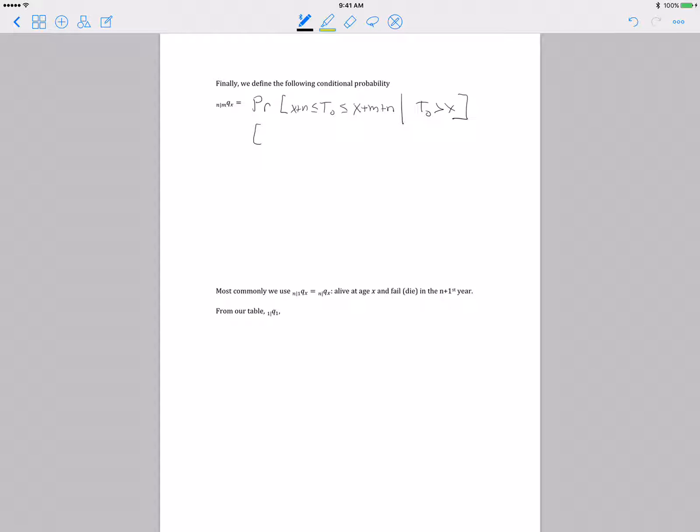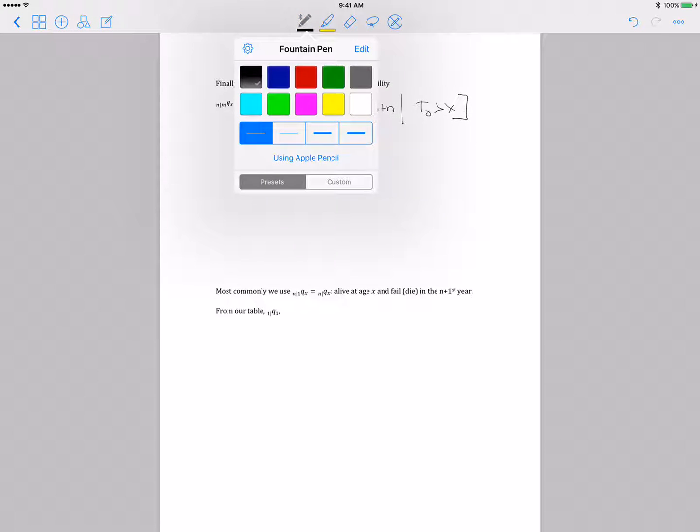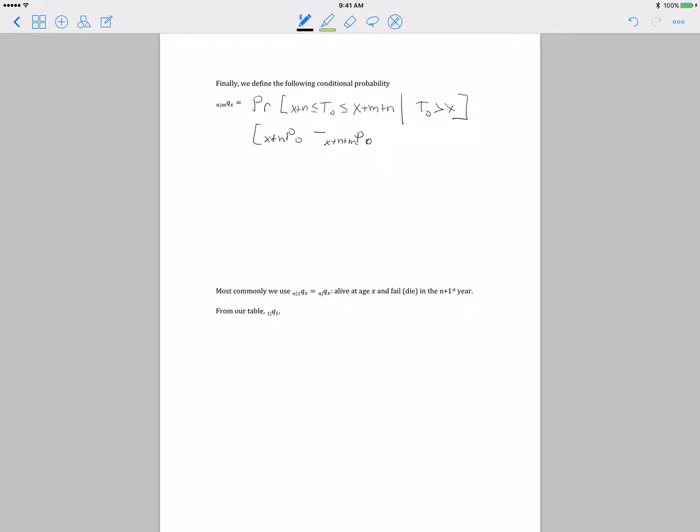The probability a newborn survives to age x plus n minus the probability a newborn survives to age x plus n plus m would be the probability that a newborn survives between those two ages, and then we can divide by the probability of the condition being true, that a newborn survives to age x.